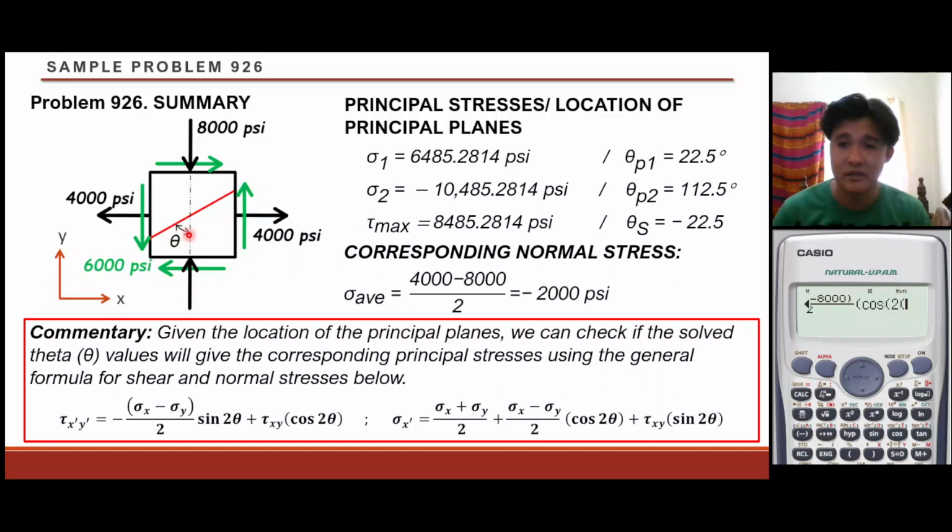Our theta is 22.5 degrees. Plus our shear stress of 6,000 psi times sine 2 theta. Again, our theta is 22.5. Did you get the same? 6485.2814 psi. So they get the same result.